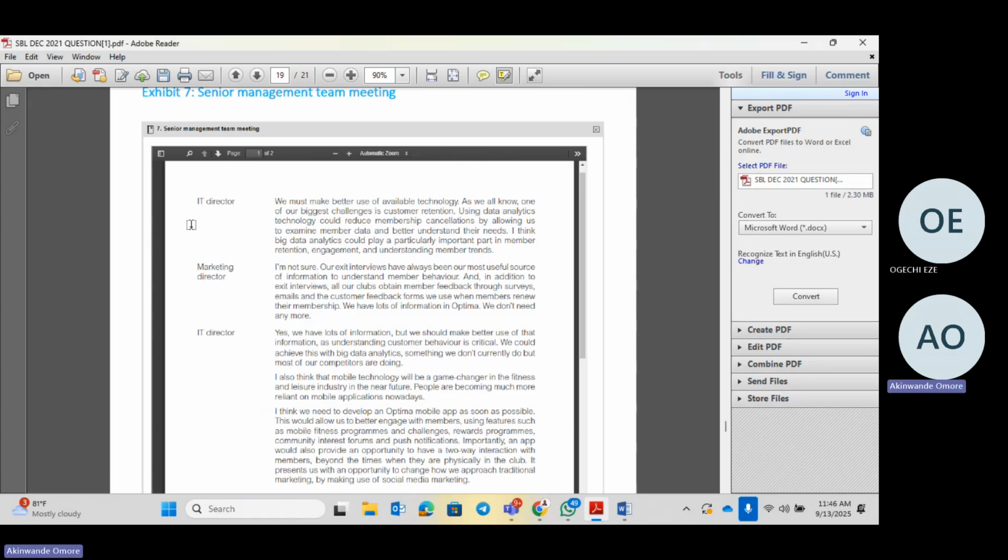From the IT: we must make better use of available technology. As you all know, one of our biggest challenges is customer retention. Data analysis technology could reduce membership cancellation by allowing us to examine member data and better understand their needs. I think big data analysis could play a particularly important part in member retention, engagement, and understanding member churn. This is about effective decisions on customers.